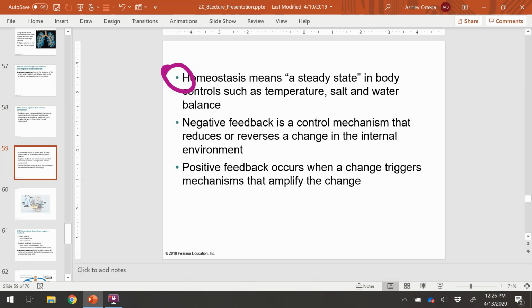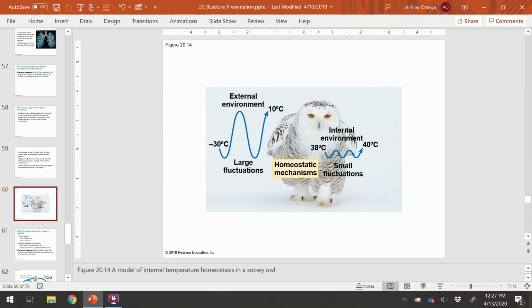To do that, they have something called negative feedback. Negative feedback is going to reduce or reverse the change in the internal environment. Another type of feedback is positive feedback, where a stimulus or a change makes that change amplified, and so that's not going to help with homeostasis.